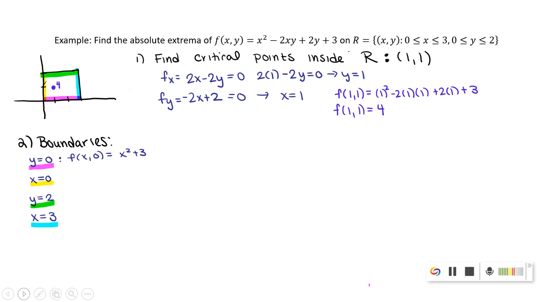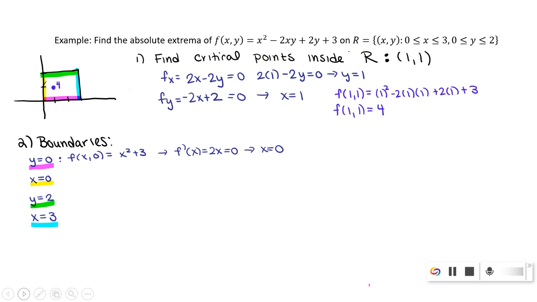To analyze that boundary, I'm going to plug y equals 0 into the given function. So I'm computing f of (x, 0). If I replace all the y's with 0, this simplifies down to x squared plus 3. So the function along the boundary has the equation x squared plus 3.